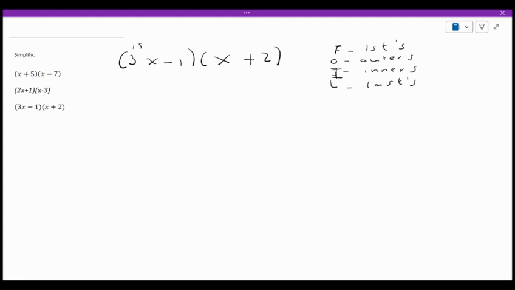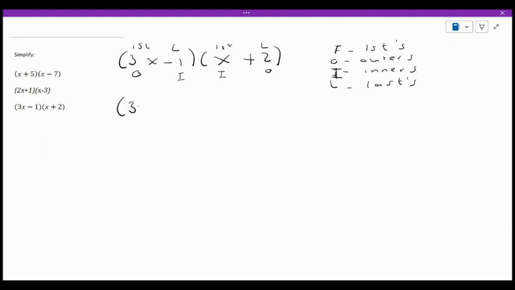We have the first here, we have the outers here, we have the inners, the ones closest to each other, with the I, and we have the last ones with the L. Then we multiply the ones with the corresponding wording with each other. So the first multiply with each other.